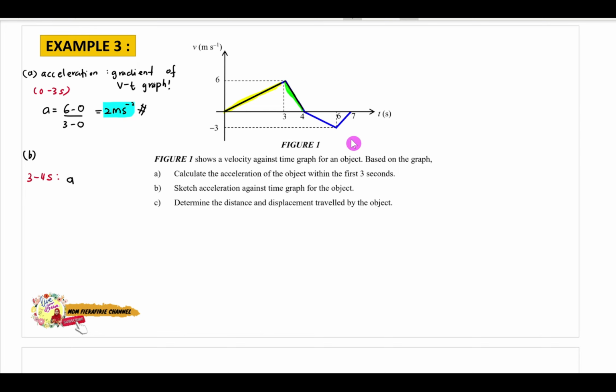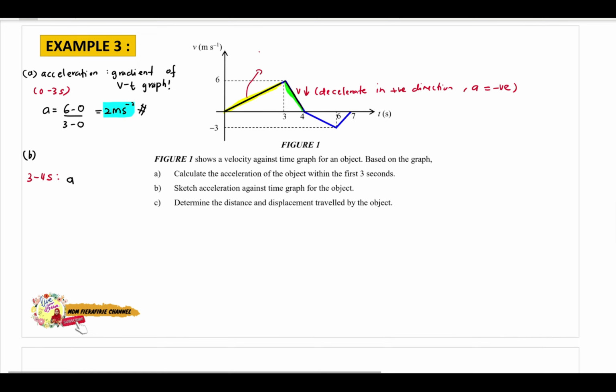Means that object itu masih bergerak in positive direction, but this time the velocity is decreasing. That's mean dia decelerate. Okay, decelerate in positive direction. Okay, so nanti nilai acceleration you akan dapat negatif sebab dia decelerate in positive direction.